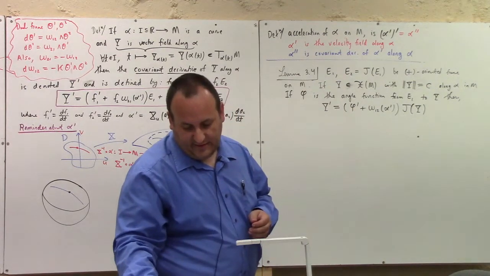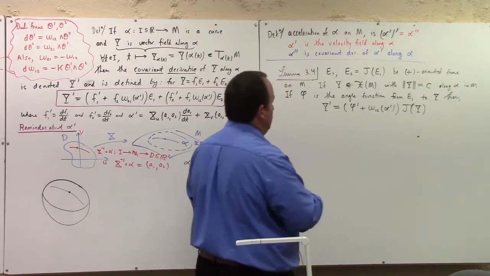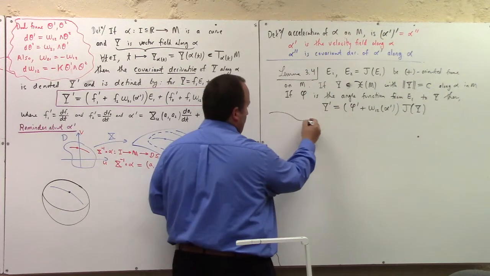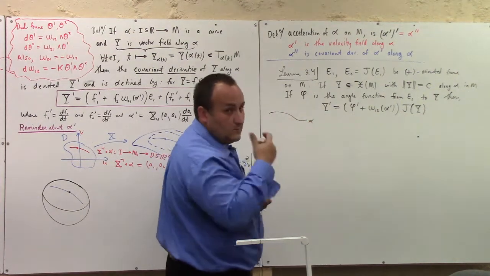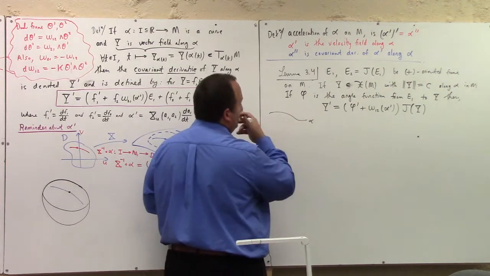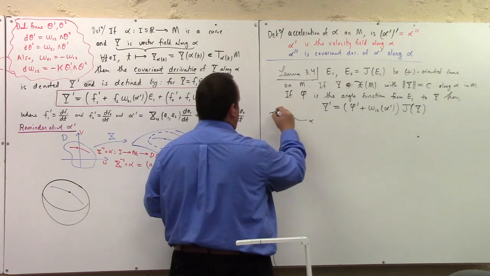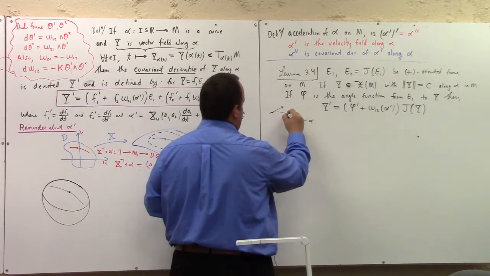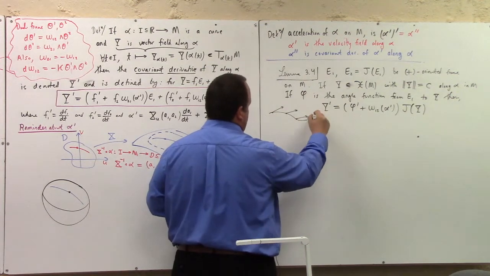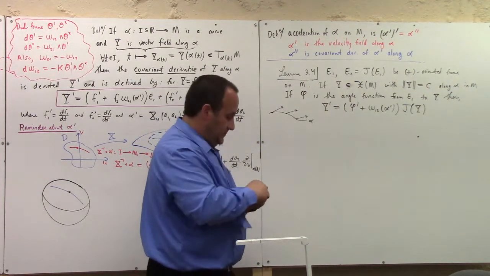Let me foolishly attempt a picture of some of the things that are being said here. You've got this curve, alpha. Along alpha, you have E1. I'm not sure exactly where E1 is. I'm not saying that E1 is necessarily tangent to the curve. That's not being said.